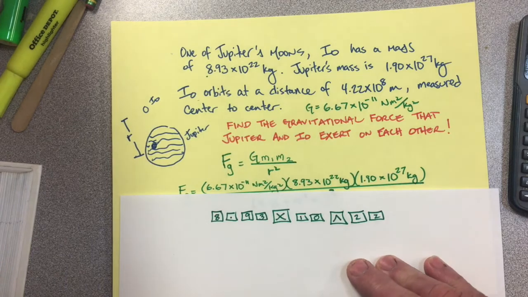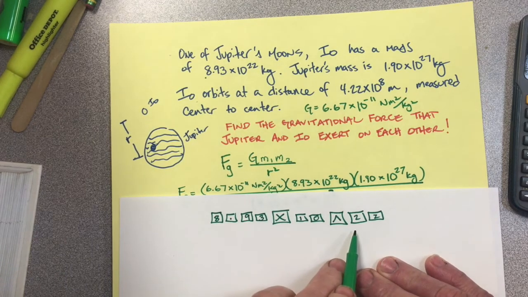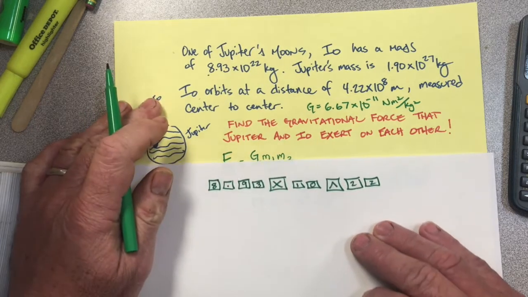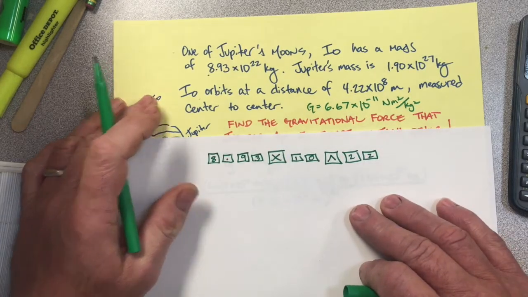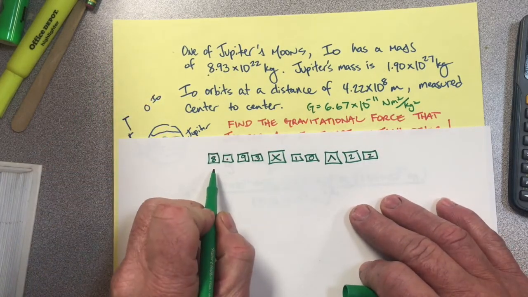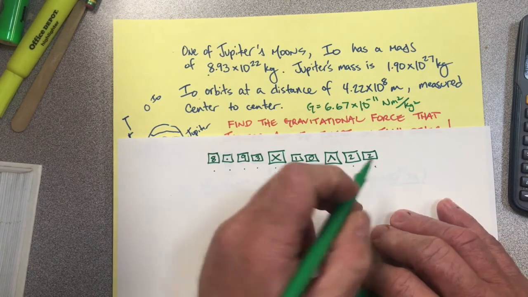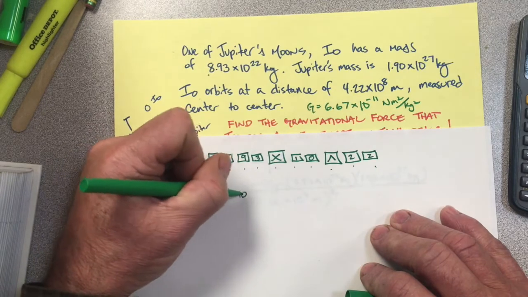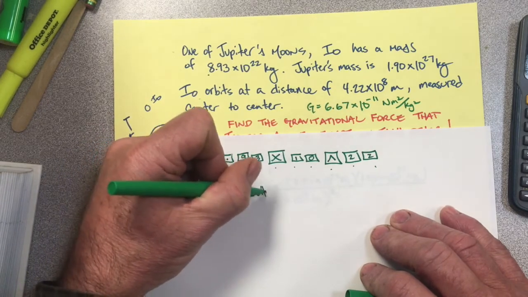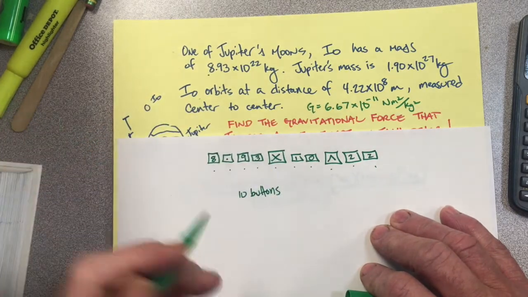Now, you can do this, but it's not the proper way to enter a number in scientific notation into your calculator. Not only that, you just pushed 1, 2, 3, 4, 5, 6, 7, 8, 9, 10 buttons, and there's a better way to do it. And there's a proper way to do it.